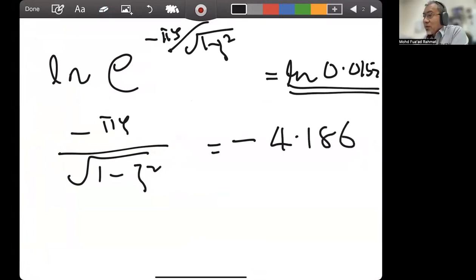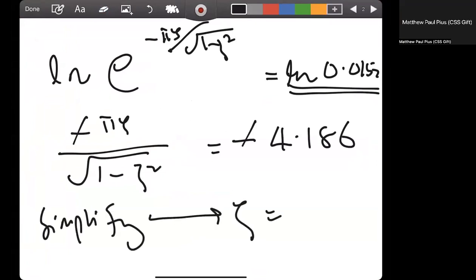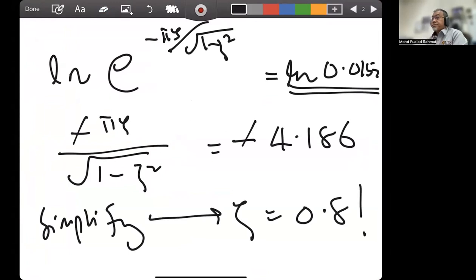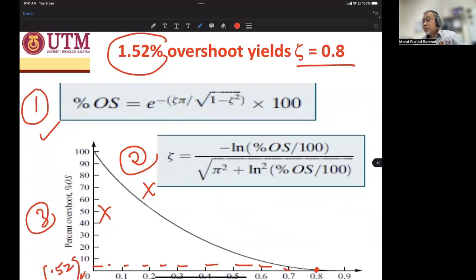Thank you. So this cancels out, simplify, and you can get zeta 0.8. Clear, guys? If 1 is not given and 2 is not given, just use 3, inserting 1.52 here. This is the best method. In 5 seconds, you will get the value of zeta 0.8.